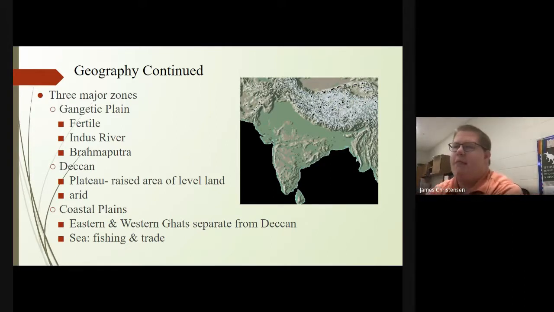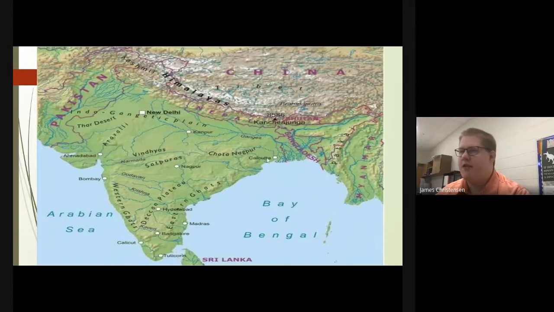You have the Deccan, a plateau, or a raised area of level land, and arid, which is much more towards up here. And then you have the coastal plains, the eastern and western Ghats separated from the Deccan, with great access to the sea, so fishing and trade were very popular there. Here's another map of the subcontinent for you.